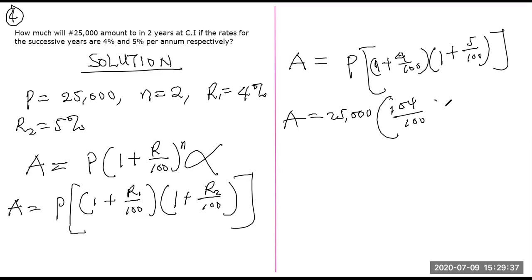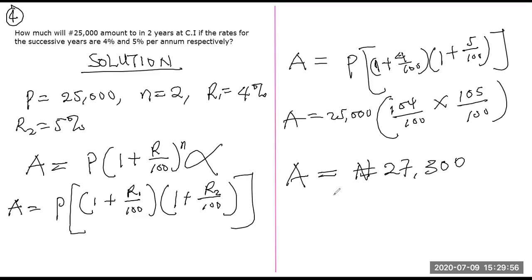All right, multiply. If you simplify this one also, you're going to have 105 over 100. Now, if you use your calculating device, of course, your total amount is going to give you about 27,300 naira. So this is what you have. All right, so you can see a typical application of when the rate is changing.